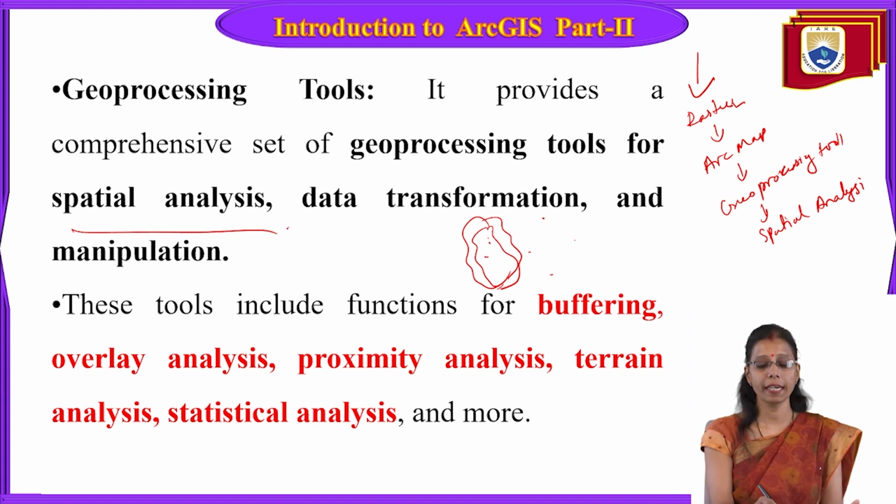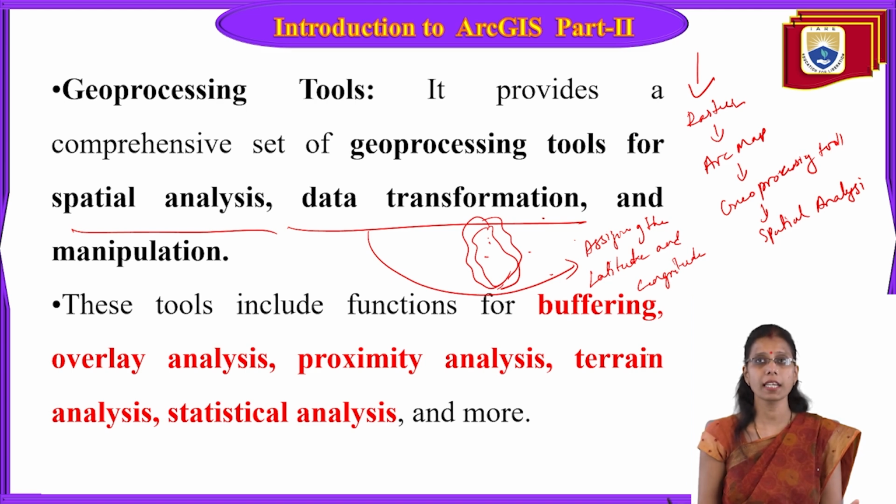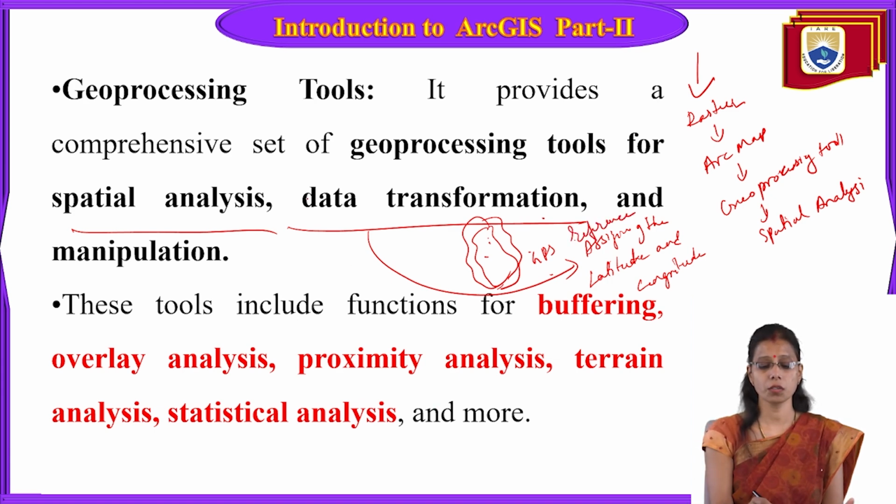Or if you want to do data transformation, what is data transformation? It is assigning the latitude and longitude, that is, assigning the locations. If you want to assign the locations or assign the reference system, we can use this data transformation tool, or we can do manipulation in this tool.